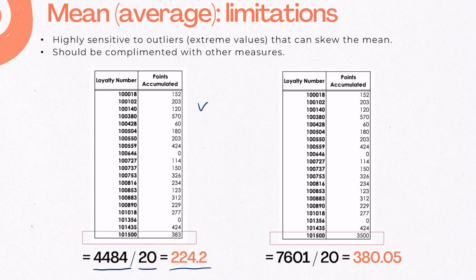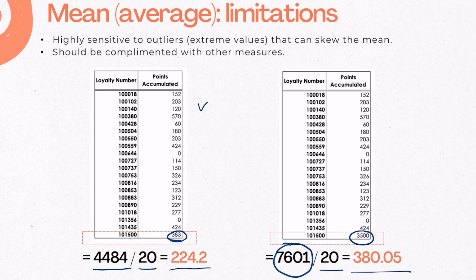However, now I'm going to change the last value. Instead of 383, I'm going to use 3,500. I'm going to sum up once again all the values. This time I get 7,601. I still divide it by 20. And this time, since my sum has increased, I have 380.05 average points accumulated.